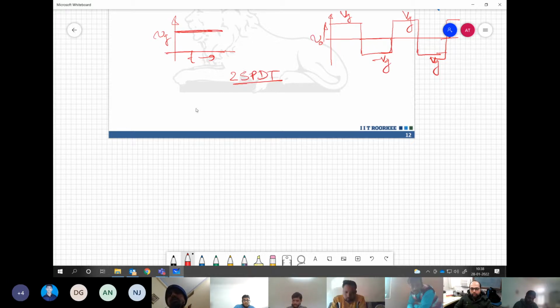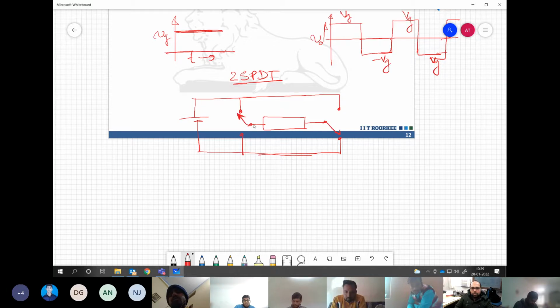How is this going to help? Let us see. You have the voltage source and say this is the load which you are trying to connect. Now if you have an SPDT switch connected at both ends of the load, let's say this is A and this is B, and correspondingly this is A1, A2 and B1, B2.